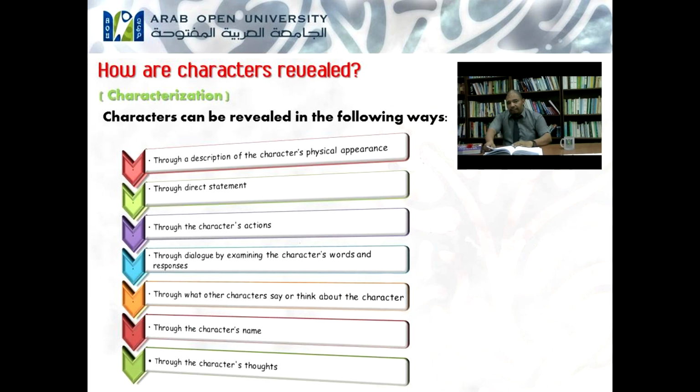The fact that he doesn't have a name is very significant, and it tells us that whatever happened to the guy, the situation he found himself in, applies to all humanity. Each and every one of us can be that man.